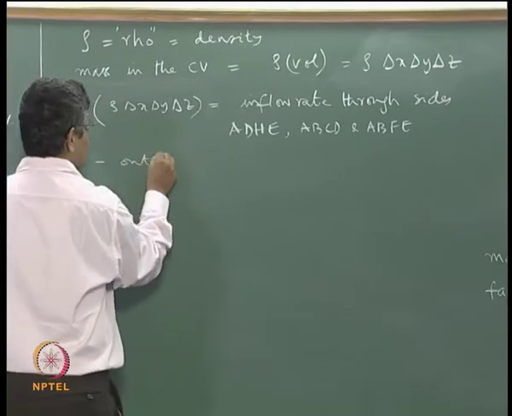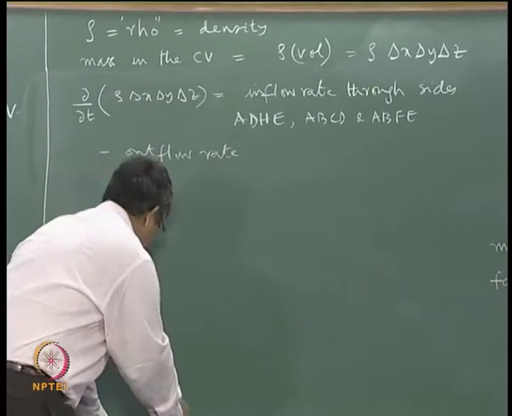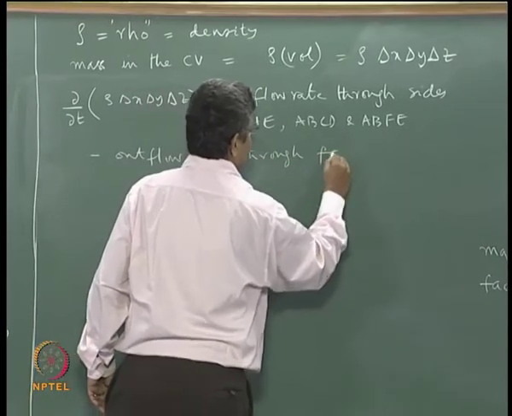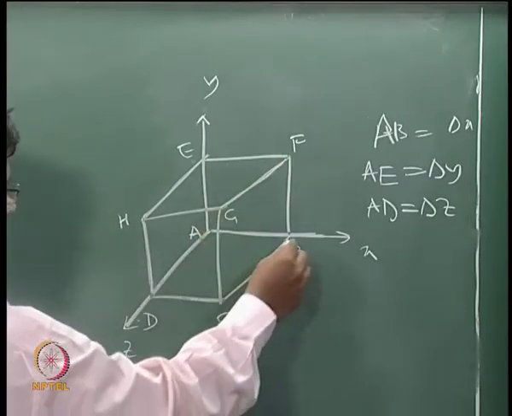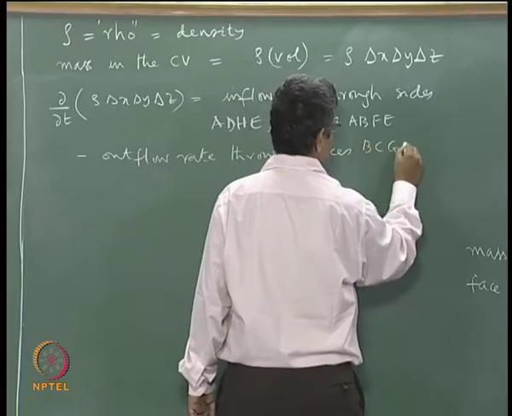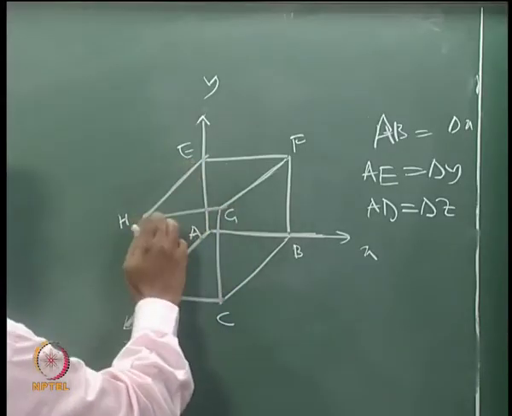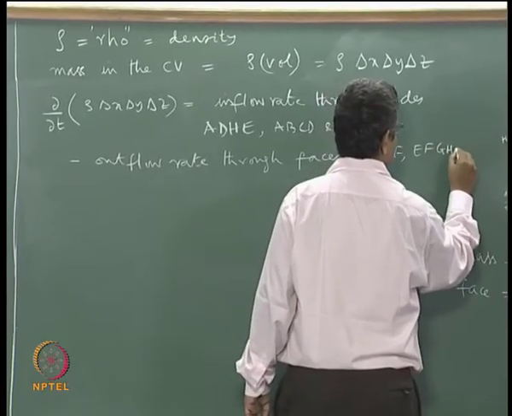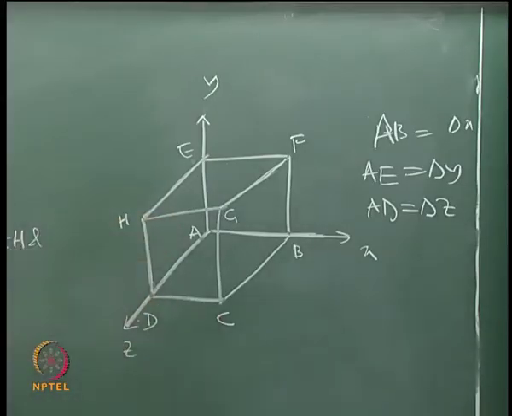Minus outflow rate through faces, the right face which is BCGF, the top face which is EFGH, and the front face which is CDHG.